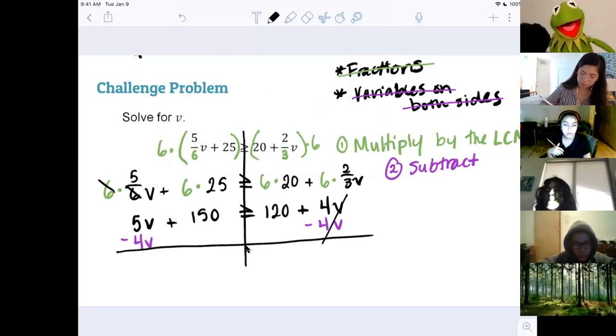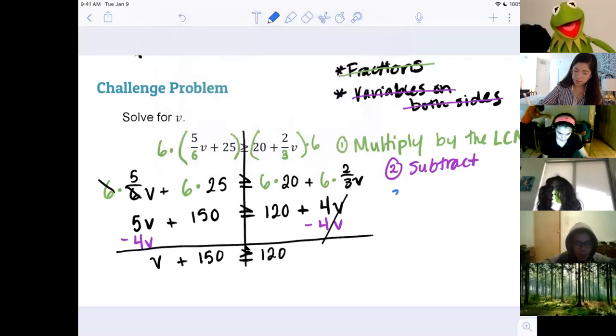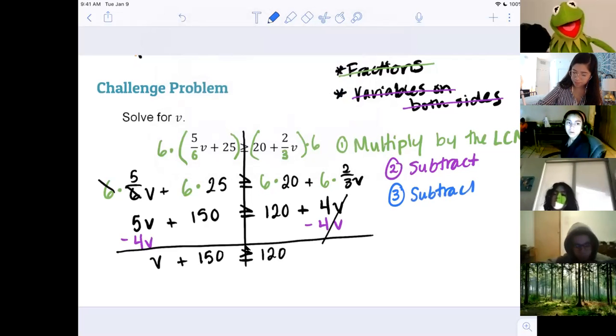Cancels out. 5 minus 4 is just 1V. And I'll just have one more step. What's my final step? Take out the 150. I'm going to subtract the 150.